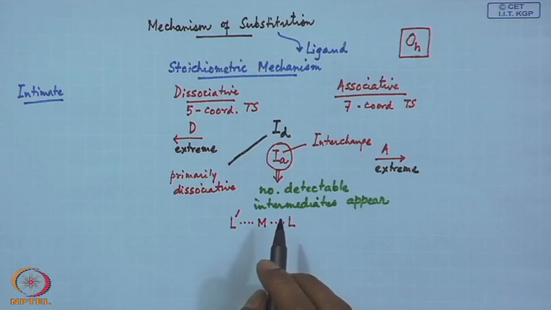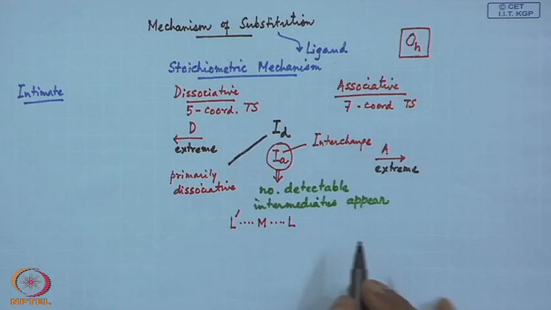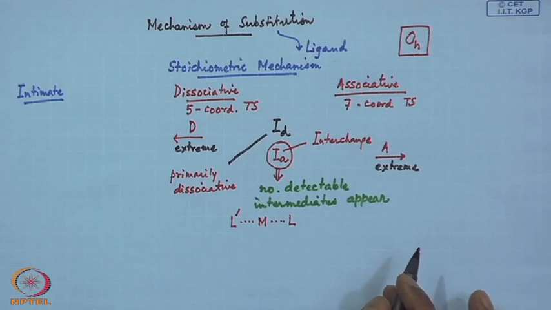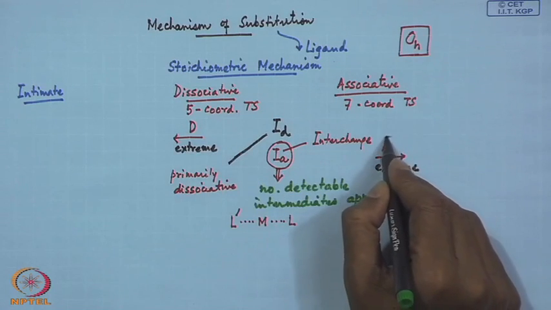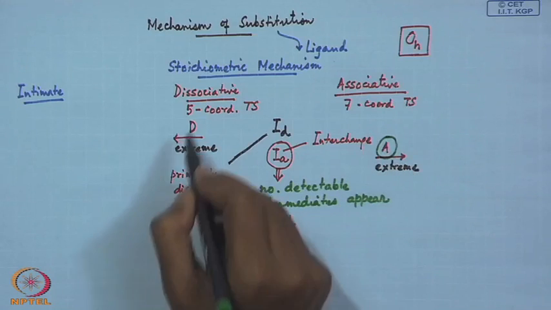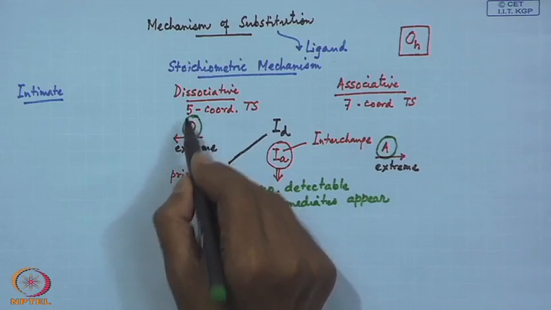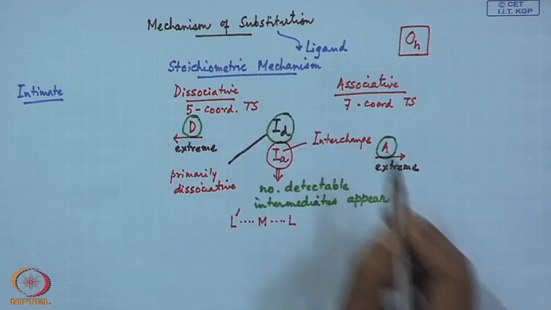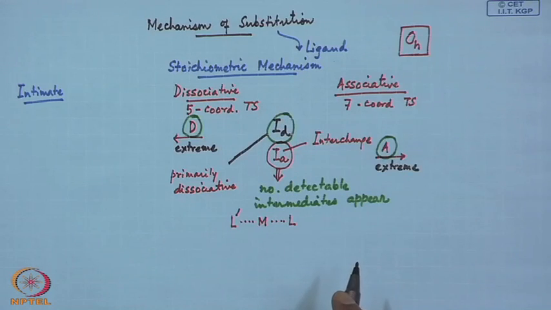So, there are many reactions which can be described as IA and ID mechanisms rather than typical A and D. We can therefore consider reactions as D and A at two extreme ends, or the two intermediate cases IA and ID.